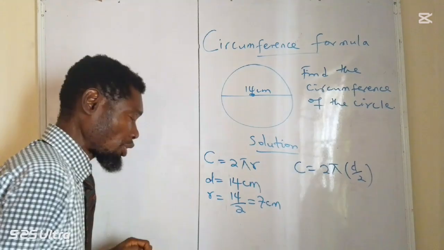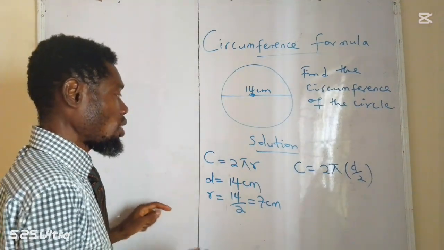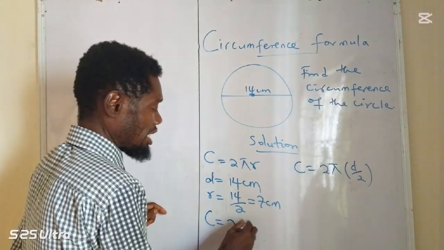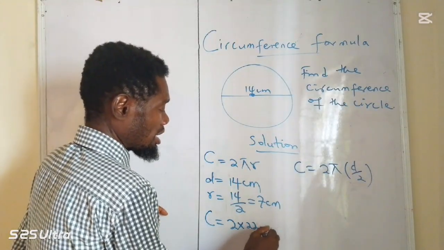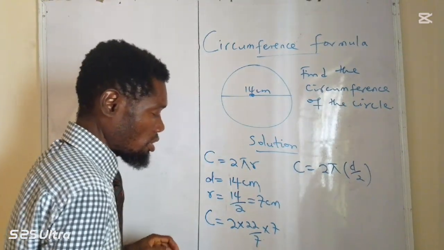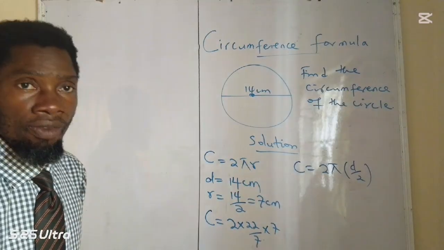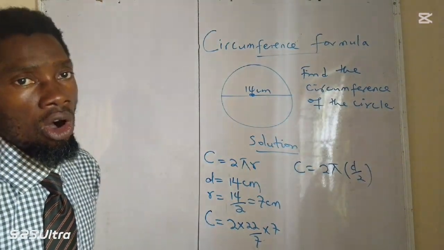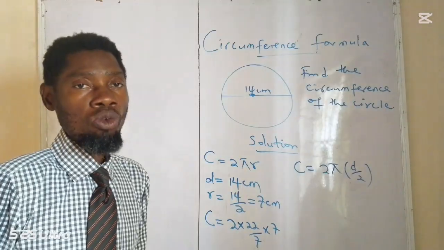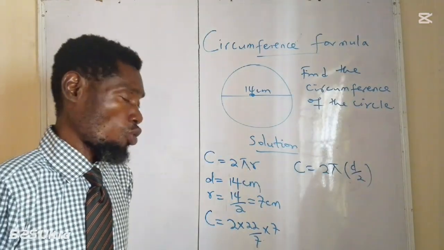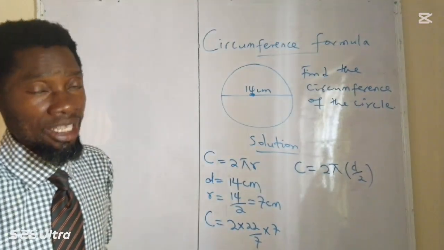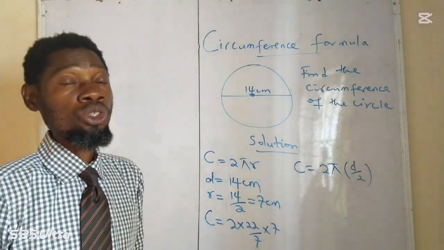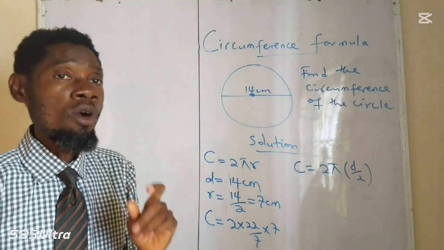So if we substitute that in the formula, we're going to have circumference is equal to 2 times 22 over 7 times 7. Remember I said the value for pi is 22 over 7 or 3.14. There are some questions that will specify the value of pi you should use.